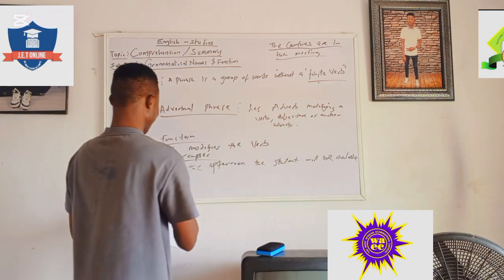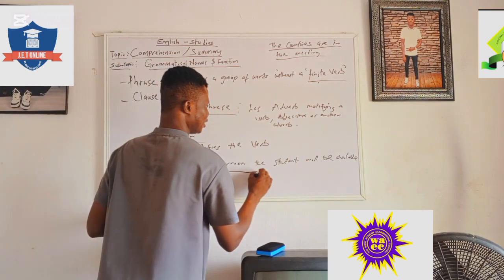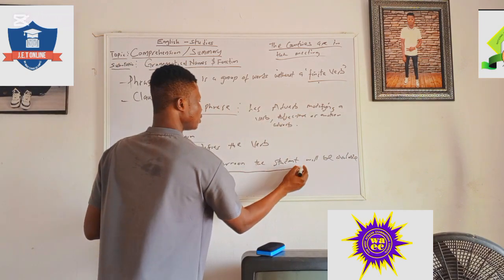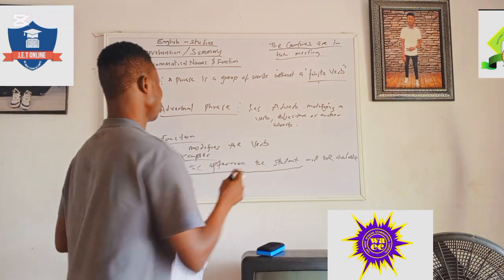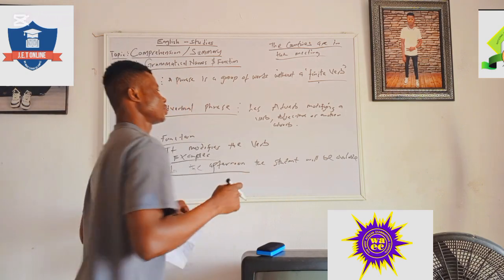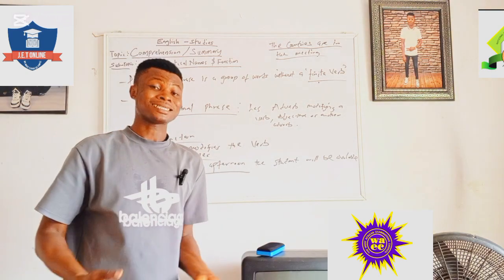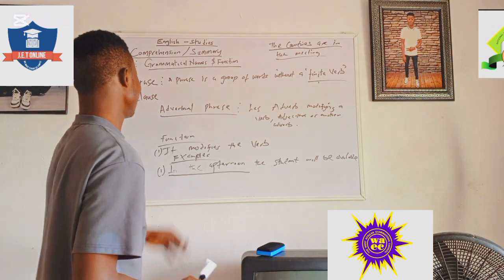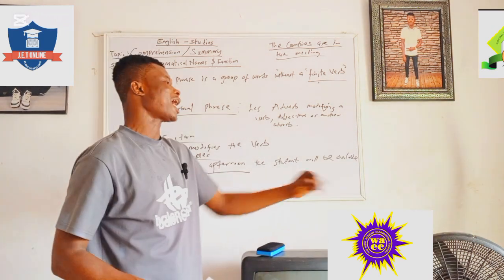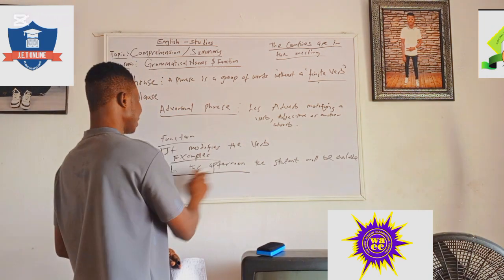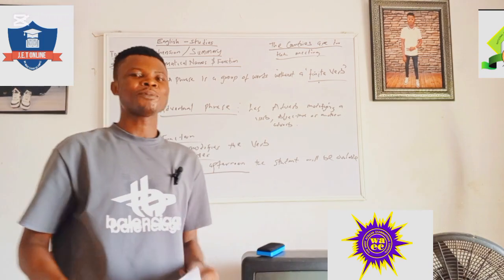Let's say the expression in the passage is about education or about the class settings. Now you have this expression: in the afternoon the students will be available, and this is where they underline in the afternoon. This is an adverbial phrase.